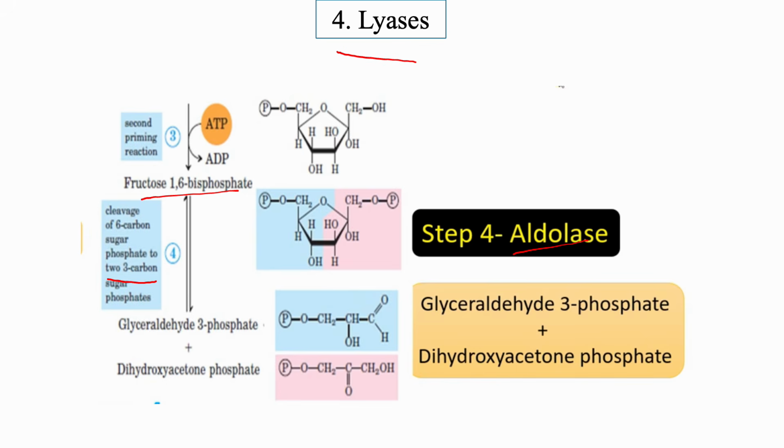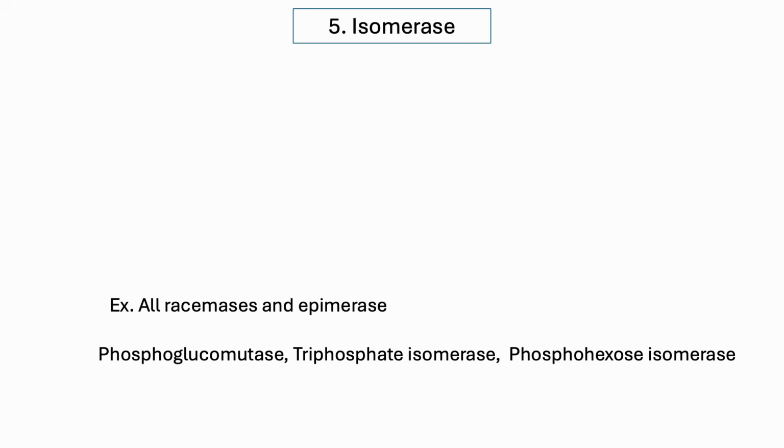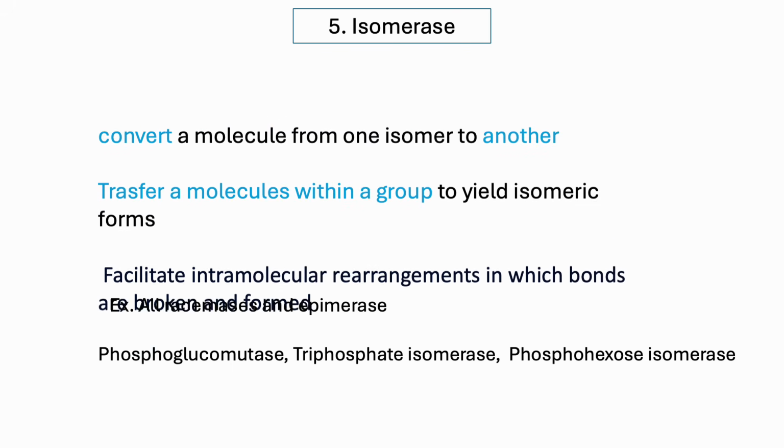And this forms glyceraldehyde 3-phosphate and dihydroxyacetone phosphate. Here aldolase, or fructose 1,6-bisphosphate aldolase, works on this substance, fructose 1,6-bisphosphate, and cleaves it into glyceraldehyde 3-phosphate and dihydroxyacetone phosphate.